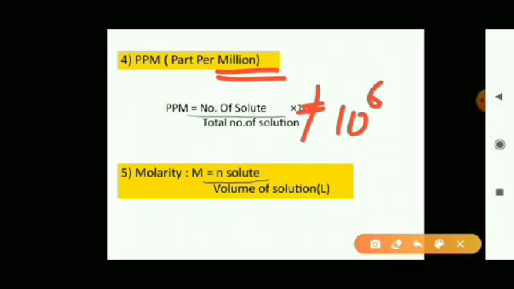Molarity is denoted by capital M. So this molarity is equal to n, number of moles of solute, divided by volume of solution in 1 liter, or you can take 1 cubic decimeter, that is dcm.